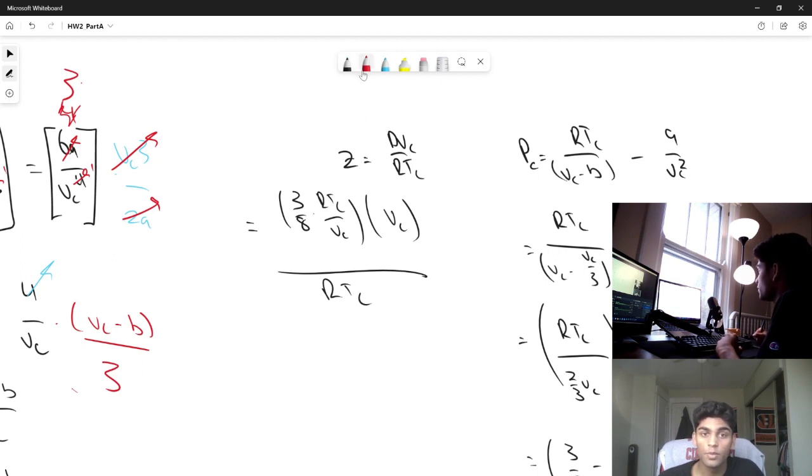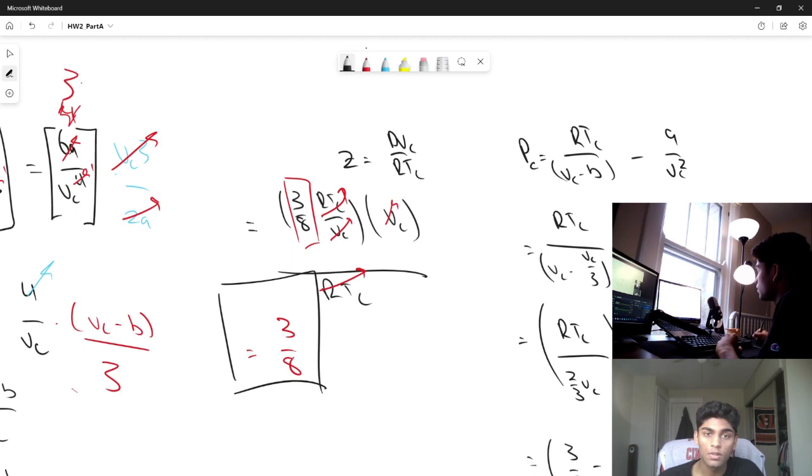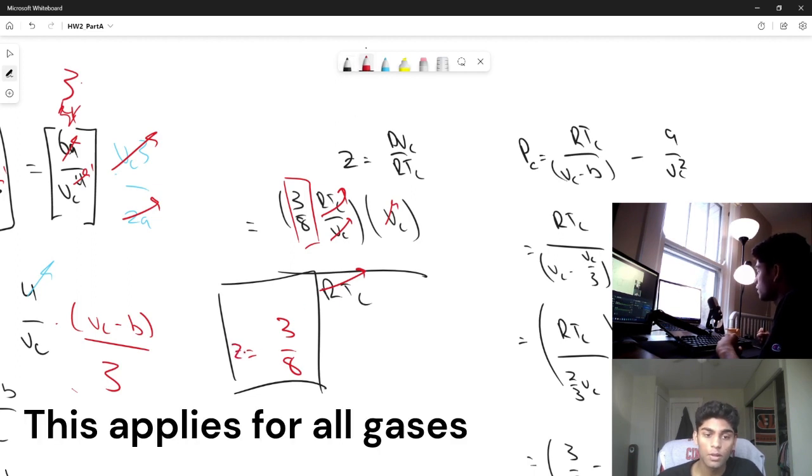Well, that happens to be quite convenient for us. These two cancel out, top and bottom. All we are left with is 3/8. So our compressibility factor for the critical point is equal to 3/8.